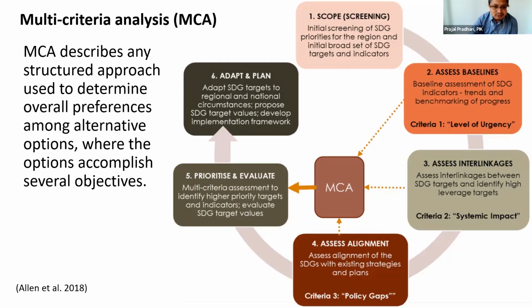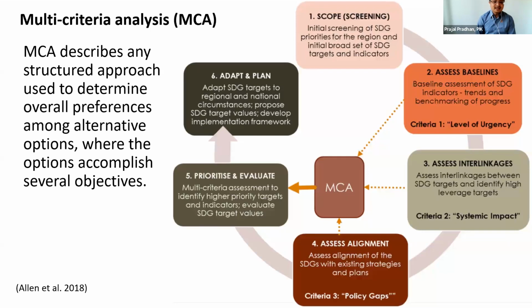And here Allen et al. also proposed a multi-criteria analysis for SDG prioritization, in terms of SDG implementation, starting from the scoping, and then assessing the baseline, assessing the interlinkages, assessing the alignment.